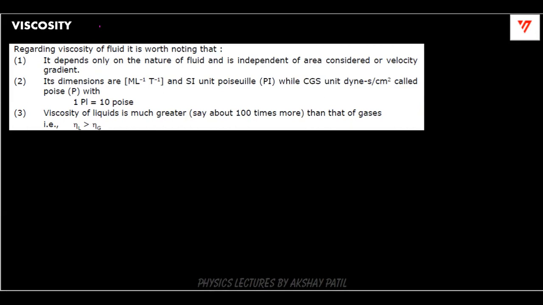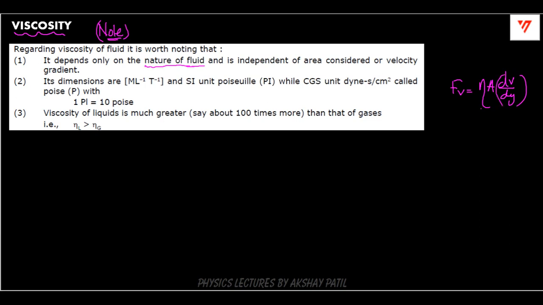Now we'll have a note about this viscosity. Some points we'll be noting. The first point is that it depends on the nature of the fluid. Viscosity has nothing to do with other dimensions. I'm talking about the formula we derived, F is equal to eta A dv by dy.